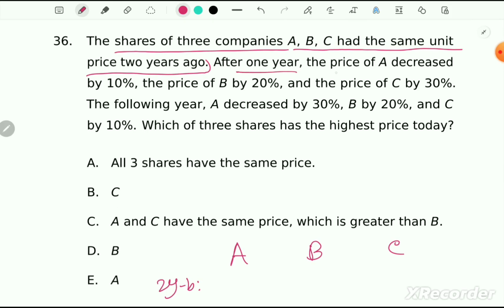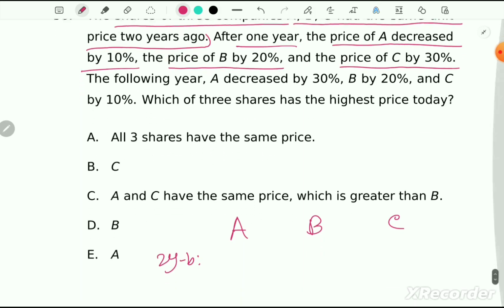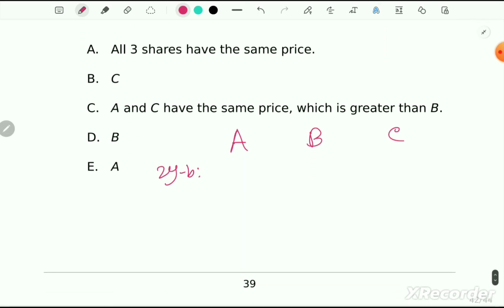After 1 year, the price of A decreased by 10%, the price of B by 20%, the price of C by 30%. As 2 years back the share price is not given, you can simply write 100, for example. For simple calculation we can do it.